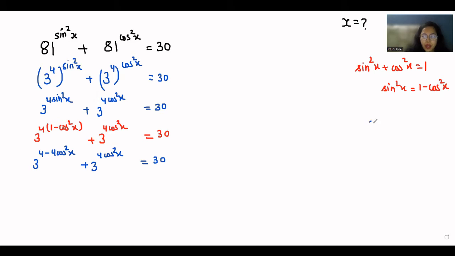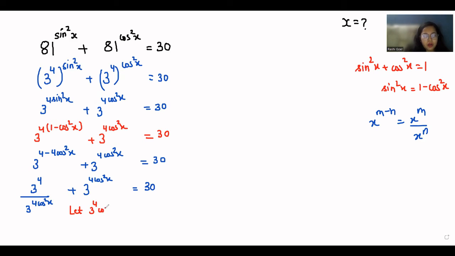Now exponent rule, x power m minus n, we can write as x power m by x power n. So here 3 power 4 by 3 power 4 cos square x plus 3 power 4 cos square x is equal to 30.